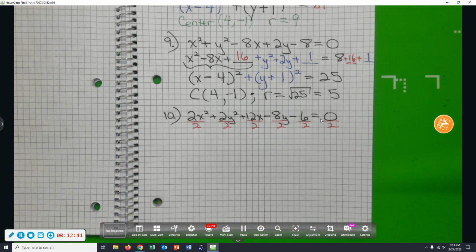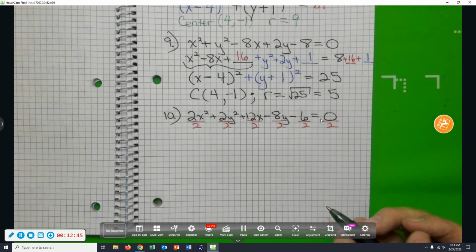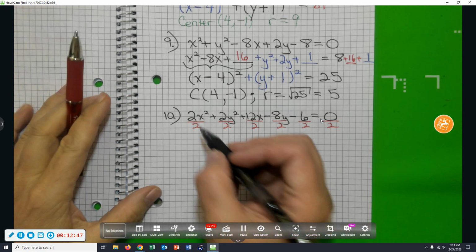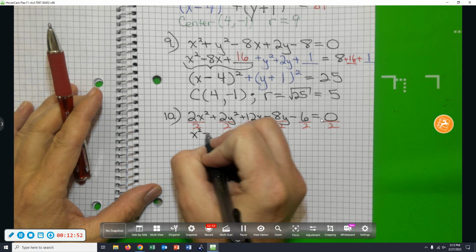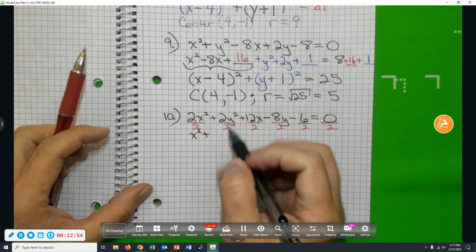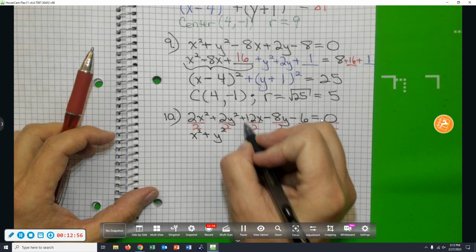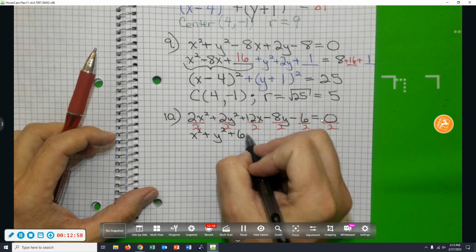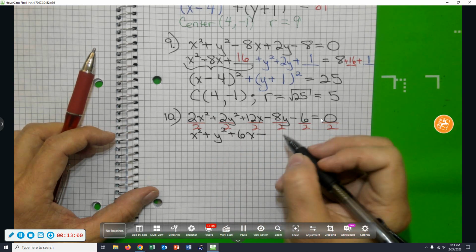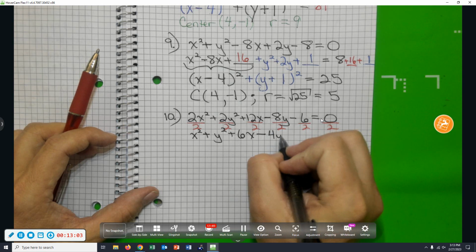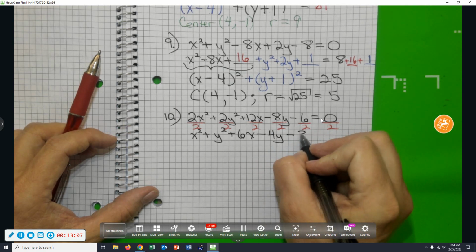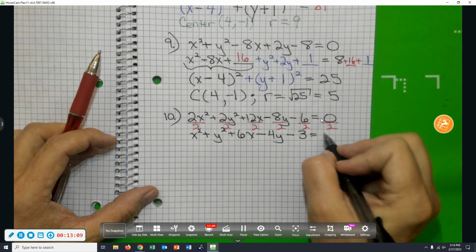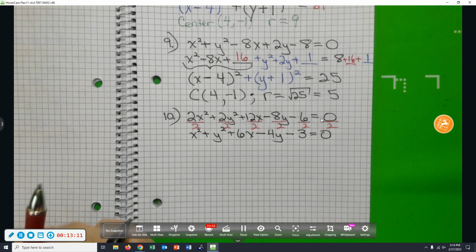That's the same thing as multiplying by 1/2. 2 divided by 2 gives me 1x squared plus y squared, plus 6x, minus 4y, minus 32 equals 0 divided by 2, which is still 0.